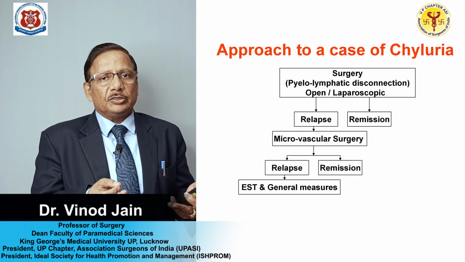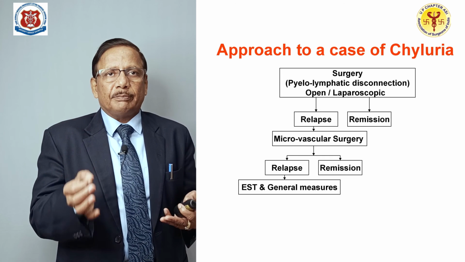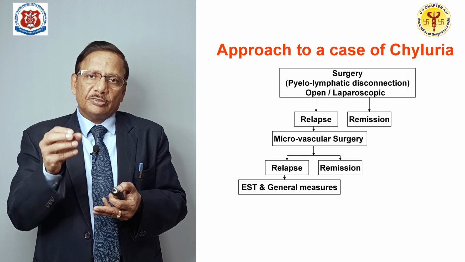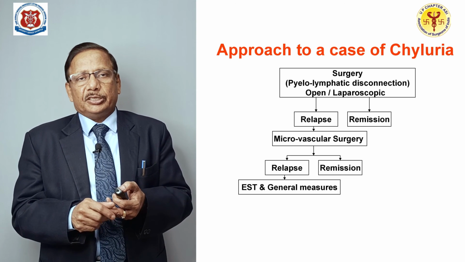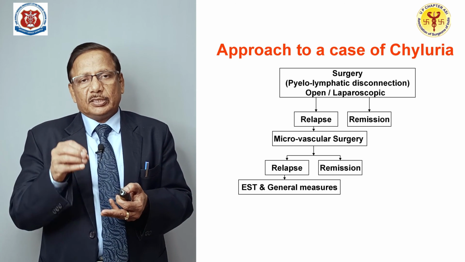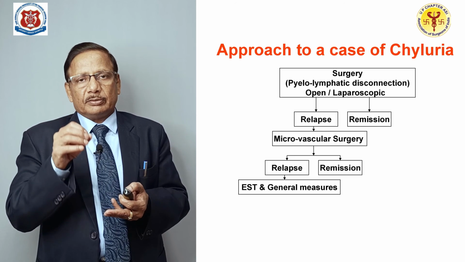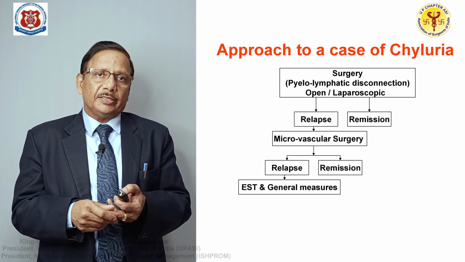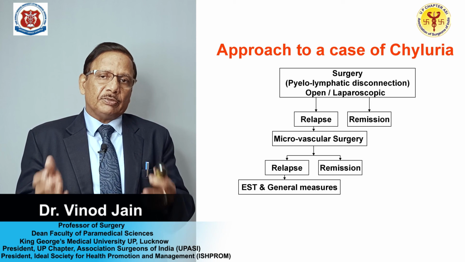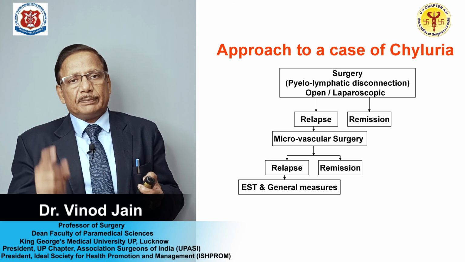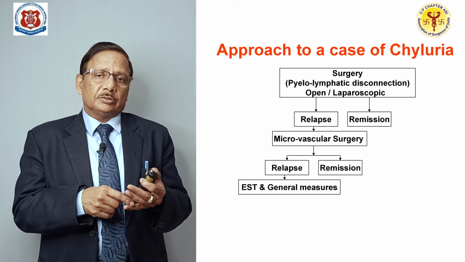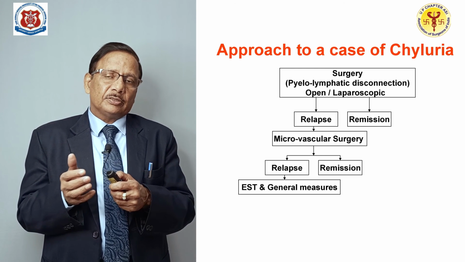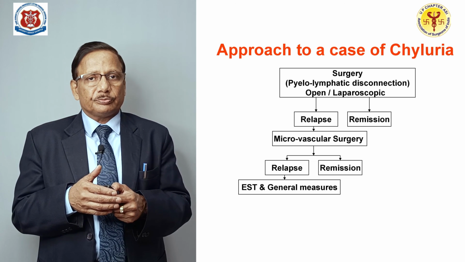If there is relapse, you have to resort to microvascular surgery. This is the last resort. And even if after microvascular surgery the patient is not relieved of chyluria, then you have only one option: keep the patient on endoscopic sclerotherapy and general measures. So that is how you manage patients with chyluria.